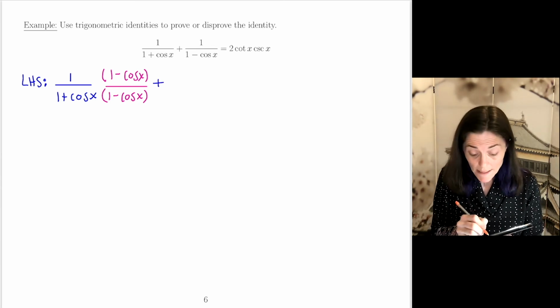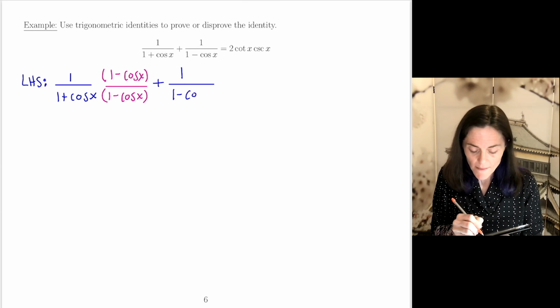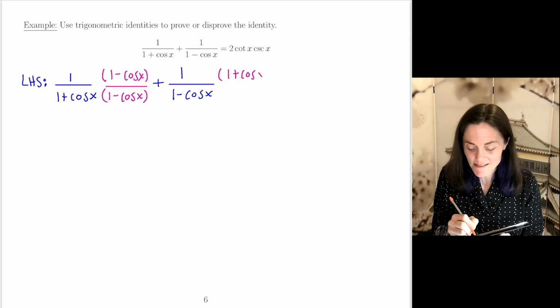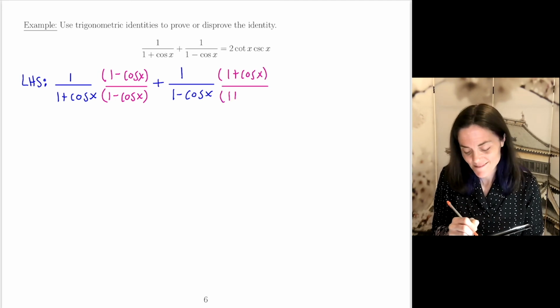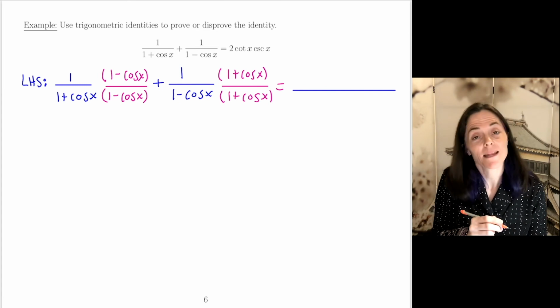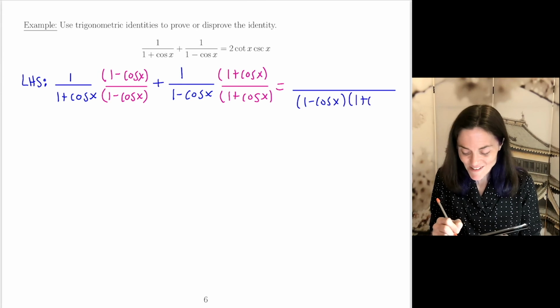Then, to get a common denominator on the second term, I will multiply this fraction by 1 plus cosine x divided by 1 plus cosine x. So let's see what we have. For the moment, I'll leave my denominator as a product. We have 1 minus cosine x times 1 plus cosine x.